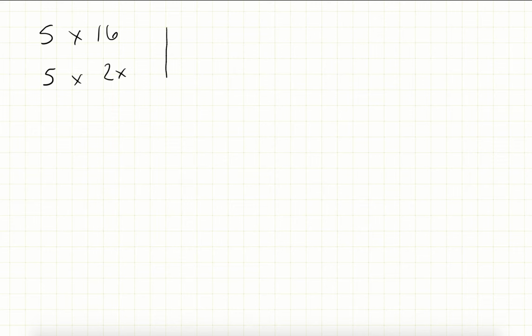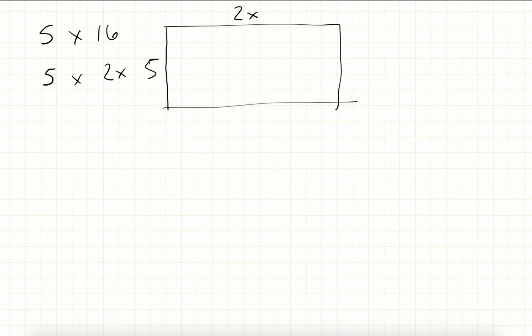Okay, so I could have my 5, but then I don't know how long to make this. But I could have 2x at the top. If you print out your algebra tiles, you can actually do this using an area model, and I'll show you how. I can have 5 ones here, so this is 1, 2, 3, 4, 5 for your algebra tiles.